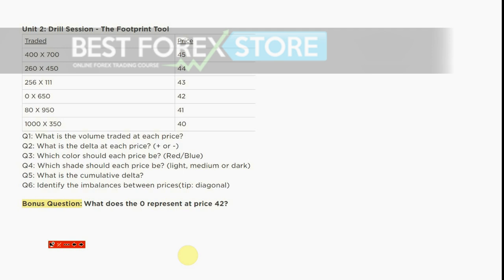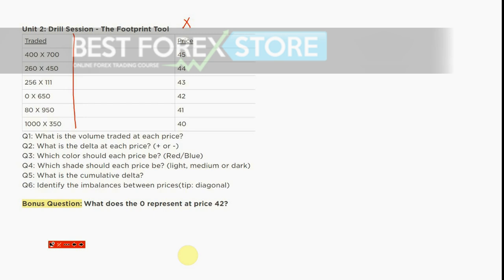Question number 1. As you can see on the left side here, I've got a hypothetical footprint. This is our footprint on the left, and on the right side we've got the prices. I want you to answer the following questions. Question number 1: what is the total volume traded at each price?